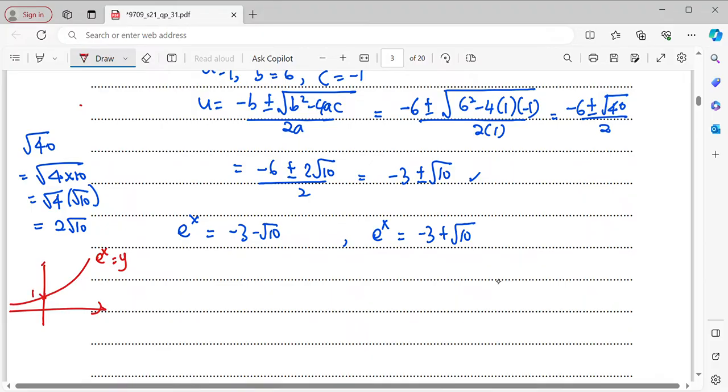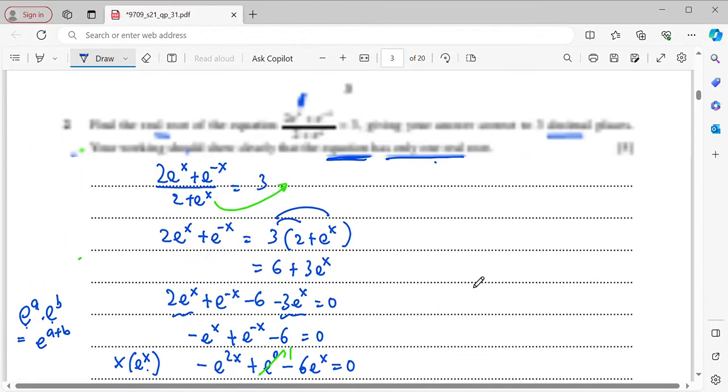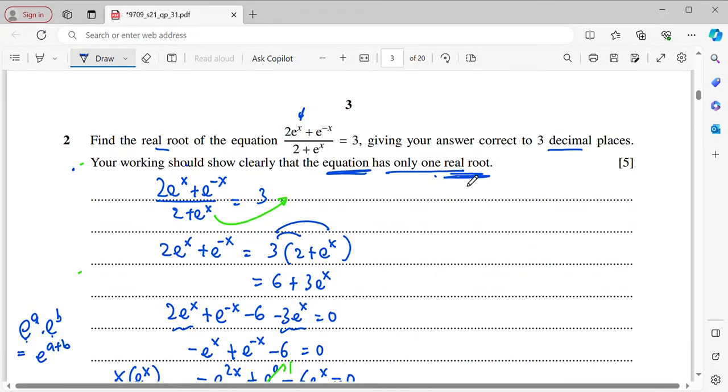Your exponential graph is always above the x-axis, so it means that it will always be positive. Meaning to say that the first expression for e^x is basically undefined, because it is going to be a negative value. So from here, we have to show that there is only one real root.